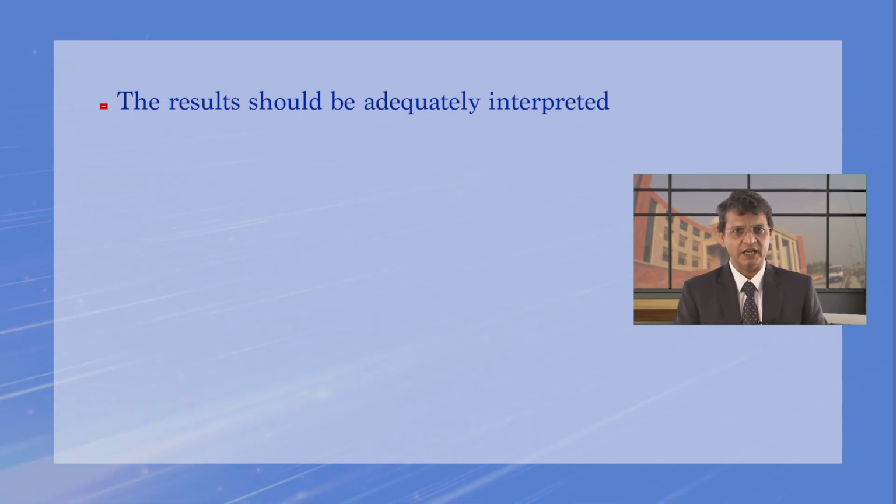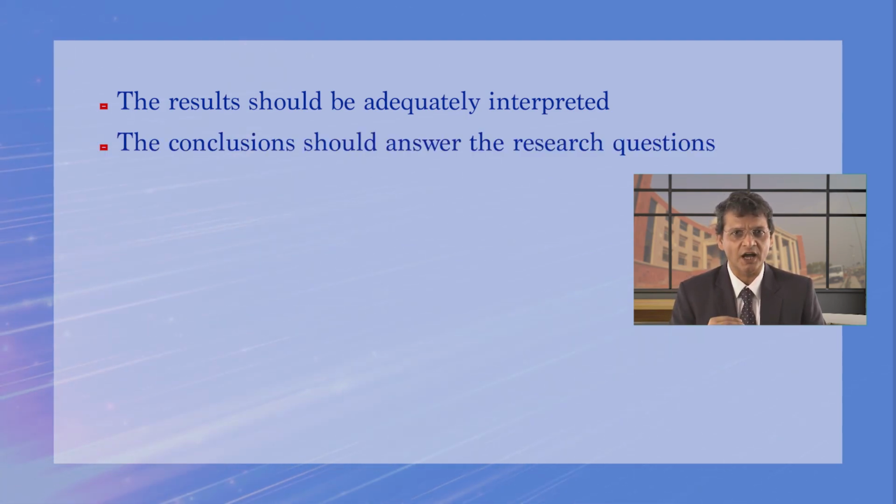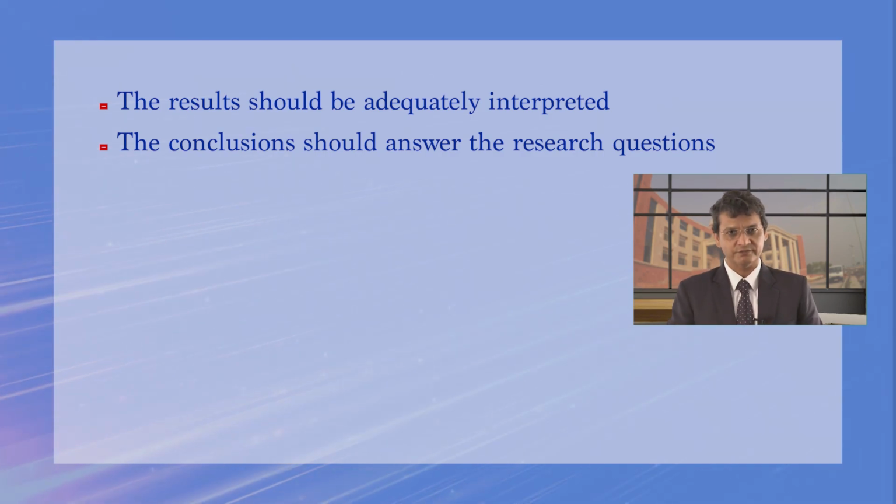The second criteria, the conclusions should answer the research questions. My another submission, I'm very happy to see some of the Indian universities, instead of writing objectives, they simply write research questions. And if it is a quantitative and experimental research, they simply write hypothesis, possibility A or possibility B. So the conclusions should answer the research questions.